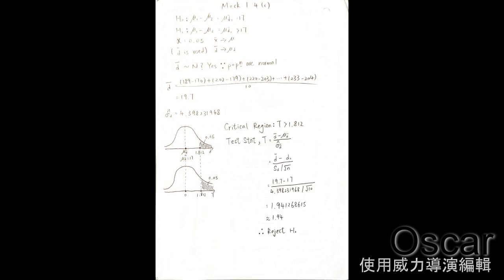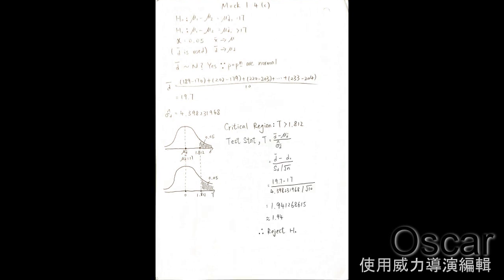In this question, we are going to use the t-distribution because we have small samples and the standard deviation is unknown. The alpha given in the question is 0.05, and we use 0.05 in the t-distribution table to find out the critical region, which is t larger than 1.812.